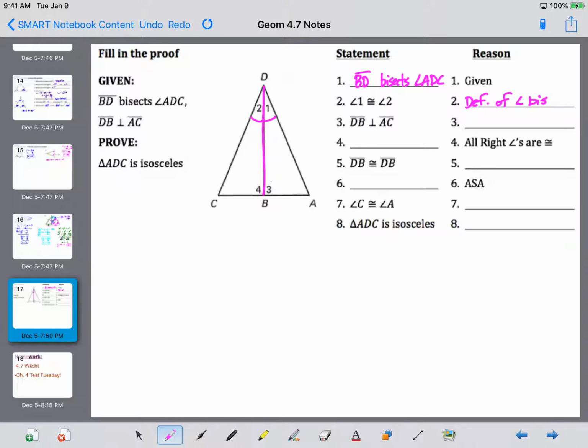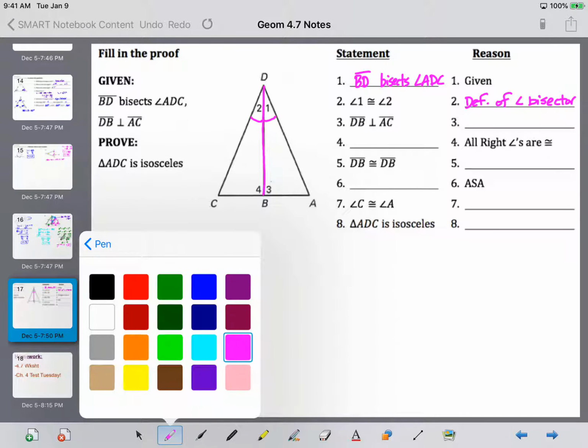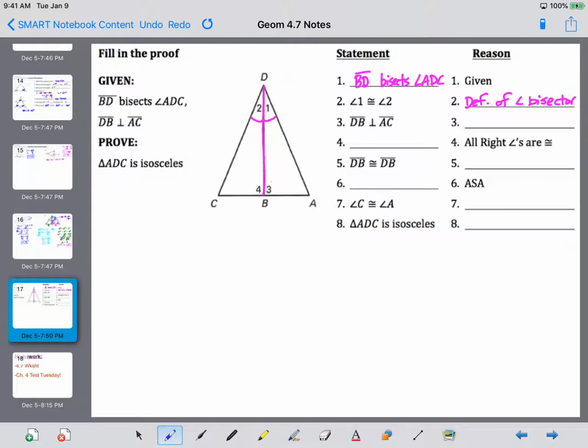So we know if an angle bisector cuts it into two congruent angles, so that's why angle 1 and angle 2 are congruent. All right, we're going to switch gears a little bit here. We also know that DB is perpendicular to AC. That was another of our givens right here. So that is given also.